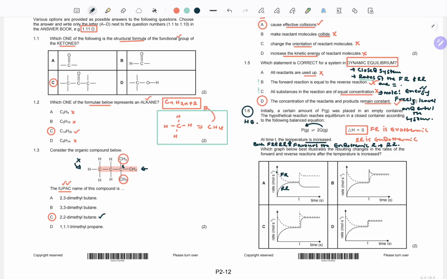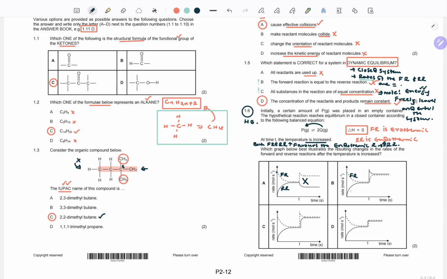But the endothermic reaction, which is the reverse, is going to increase the most, right? Maybe let's just use a simple arrow there, so that we can see that the double arrow means, so it should increase both, but the endothermic one is going to increase more, right? Now what we see here, the forward reaction is increasing sharply while the reverse reaction gently decreases, and this portion here is not representative.